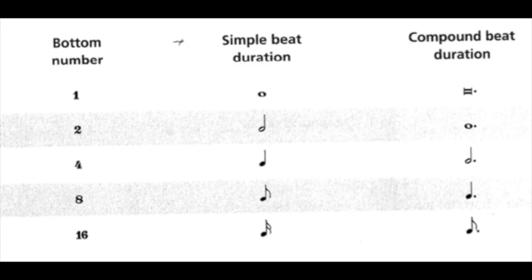Remember that the bottom number of a time signature, that is the leftmost column in this table, stands for the beat value in a simple time signature and the division value in a compound time signature.